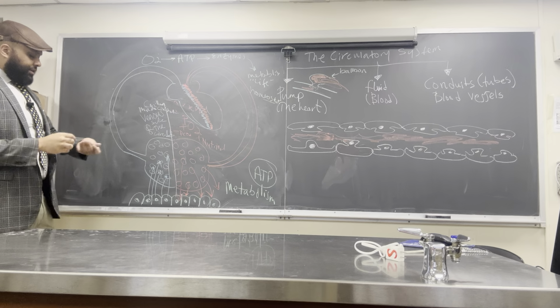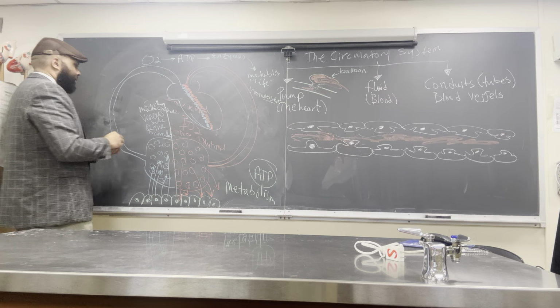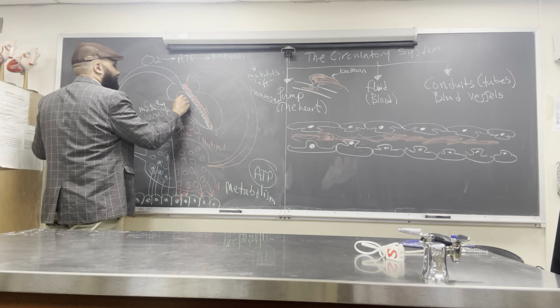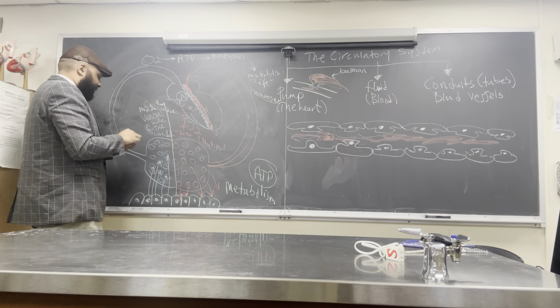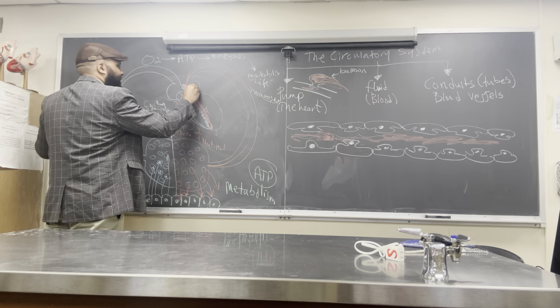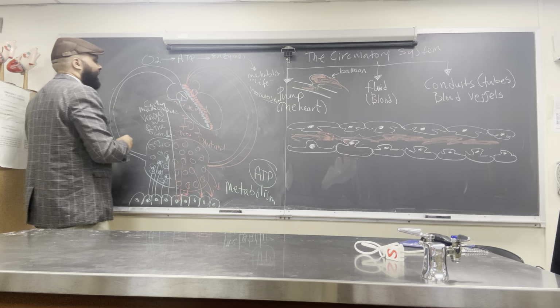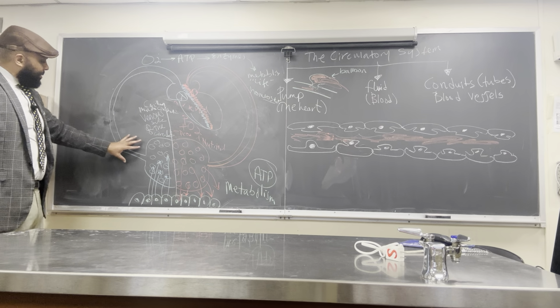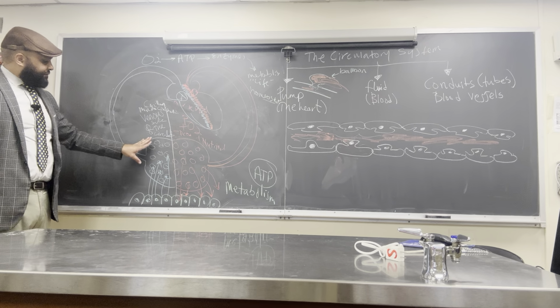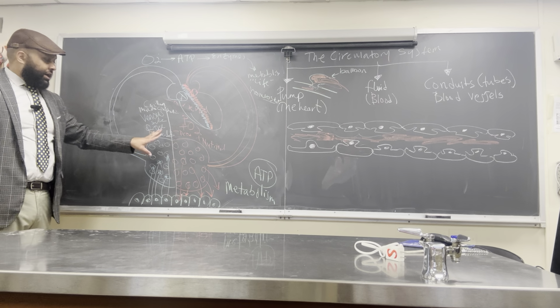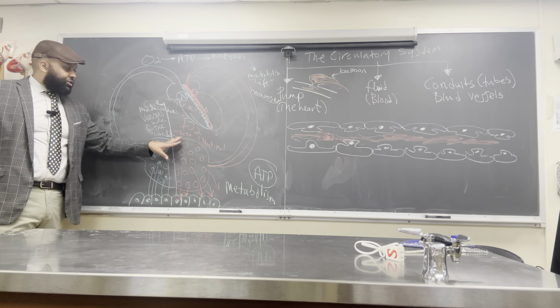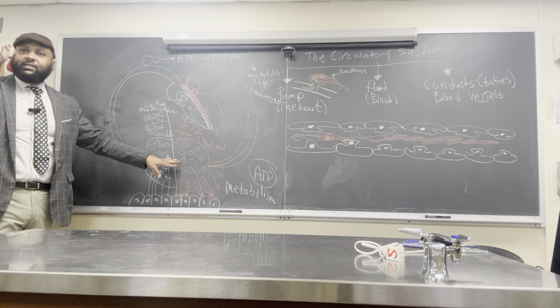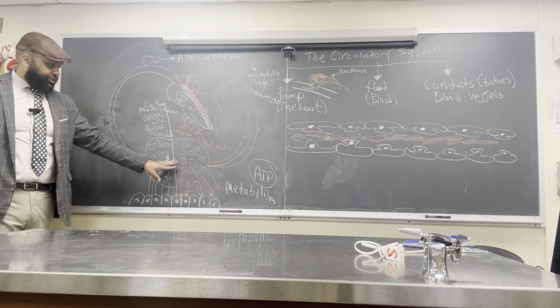You see here, this is the heart with its atrioventricular valve, and this is the bicuspid valve. Now we are receiving bad blood from the venous side of the circulation, and we are bringing good blood towards the arterial side of the microcirculation.